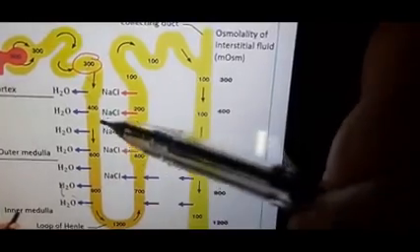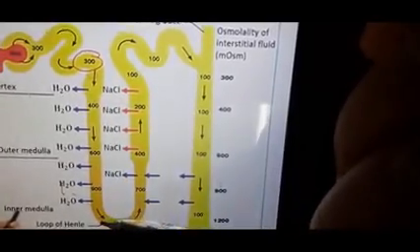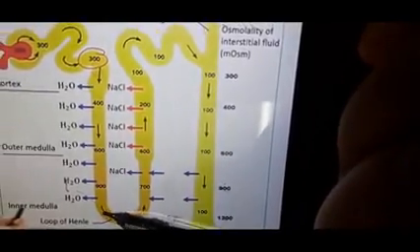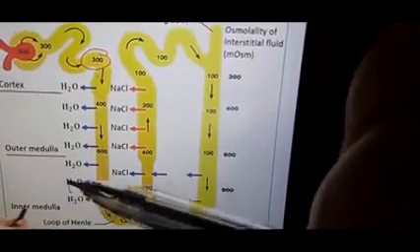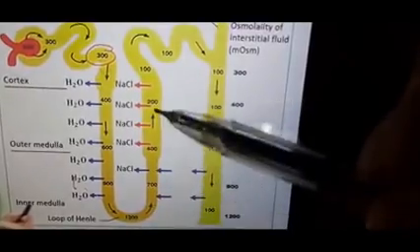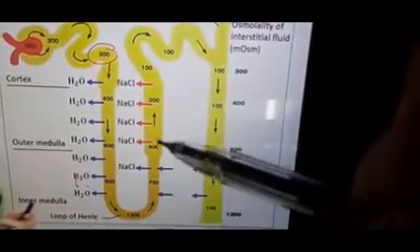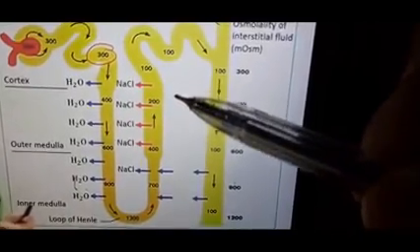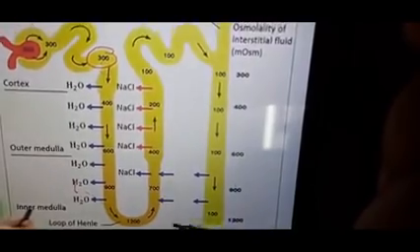Like in the descending loop of Henle, the filtrate flows in this direction, so in the vasa recta, the blood will flow in this direction. And in the ascending loop of Henle, the filtrate flows in this direction, so in the vasa recta, the blood will flow in this direction.